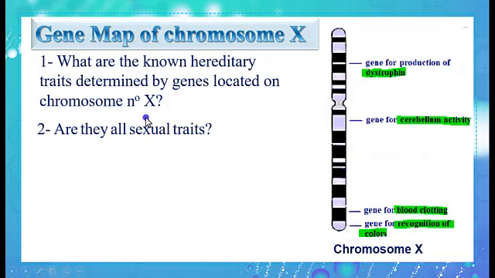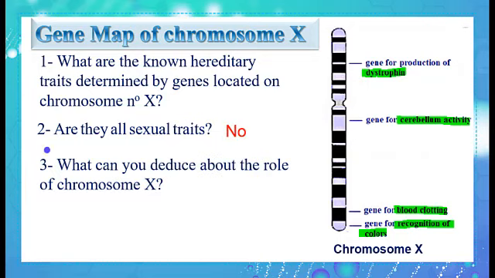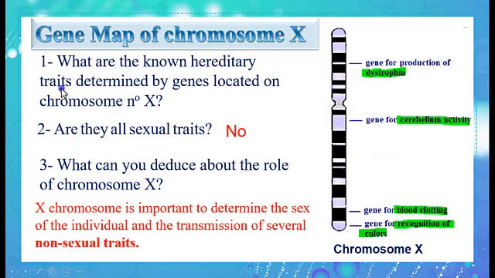So now, are they all sexual traits? Of course, no. So, what can you deduce about the role of chromosome X? Very good. The X chromosome is important to determine the sex of the individual and the transmission of several non-sexual traits.